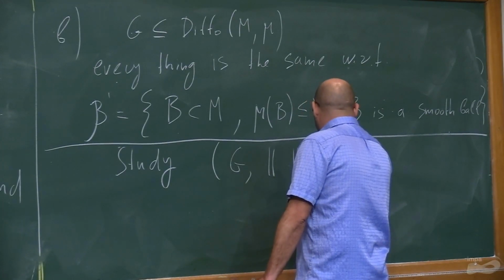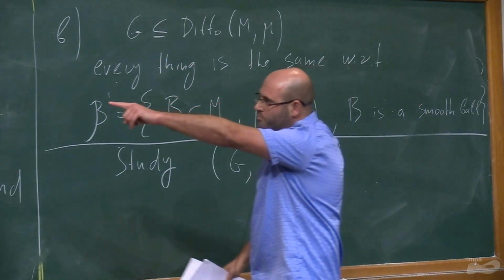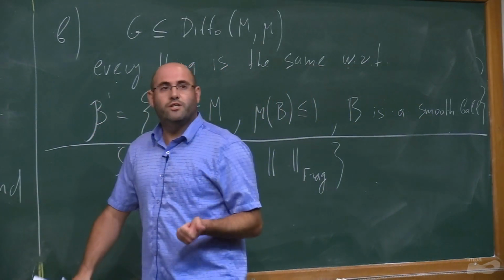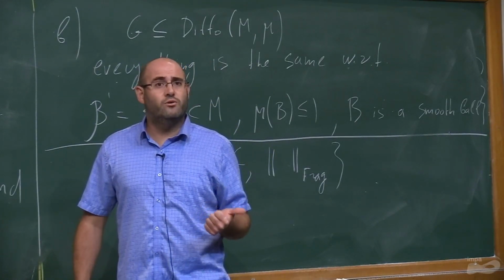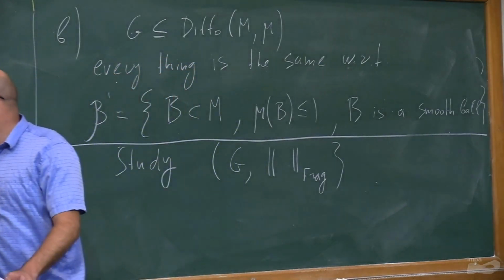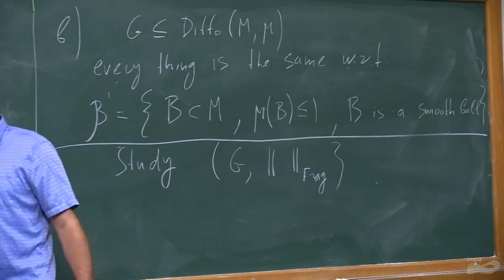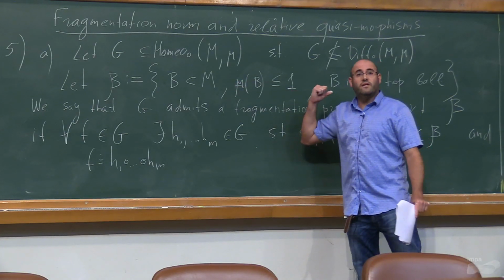I'll tell you what it is, of course. When my group G admits a fragmentation property, then there is a natural conjugation invariant norm, which is called the fragmentation norm. This is just a word norm with respect to the generating set of diffeomorphisms which are supported in balls of measure less than or equal to 1.